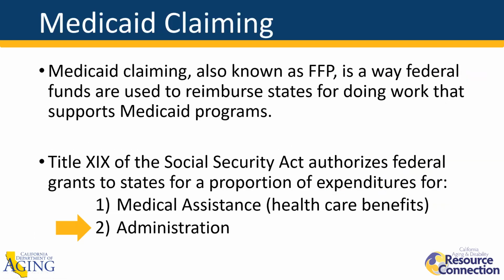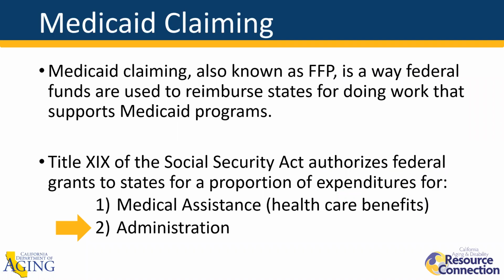Okay, so Medicaid claiming now. Medicaid claiming is the same thing as FFP. It's just a very broad term that refers to getting that federal reimbursement for work that states do to support its Medicaid programs.